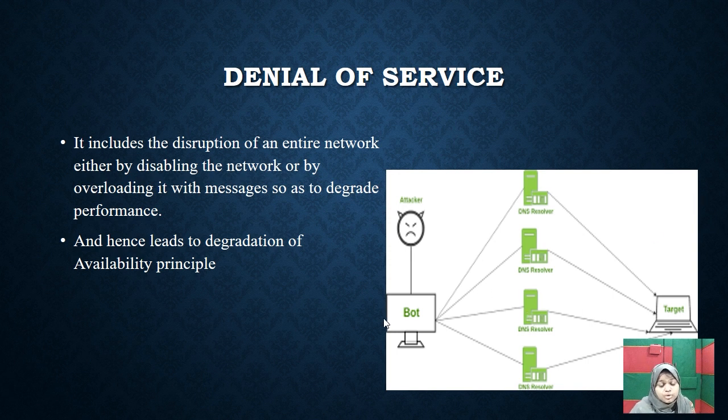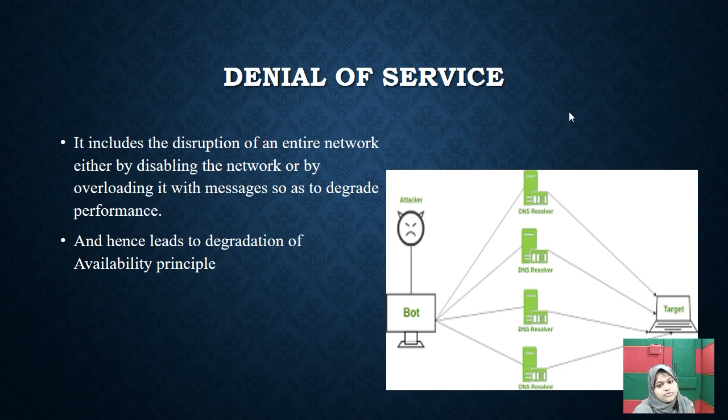Because of this huge number of requests at the server side, the server will hang, its performance will degrade, and it will not be able to respond or process the requests. That means it is not able to provide the service to authorized users.